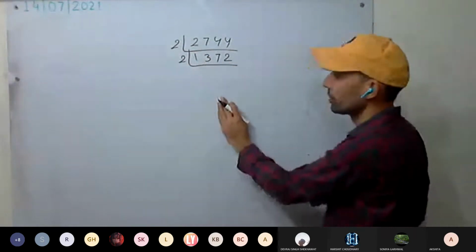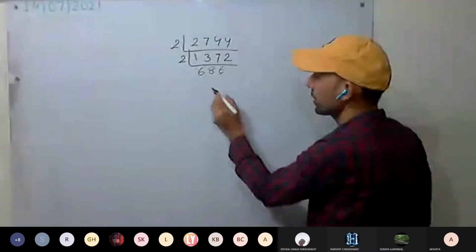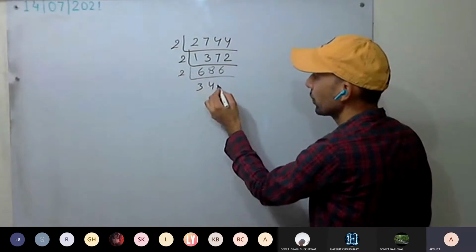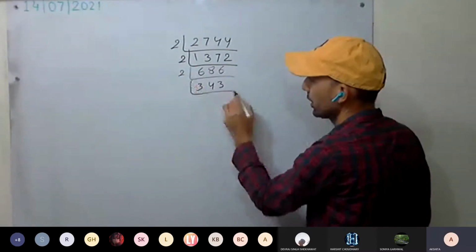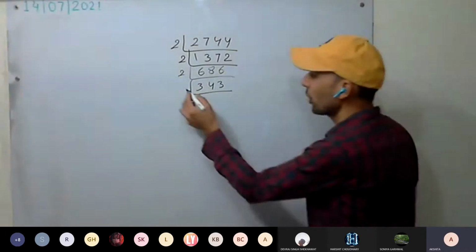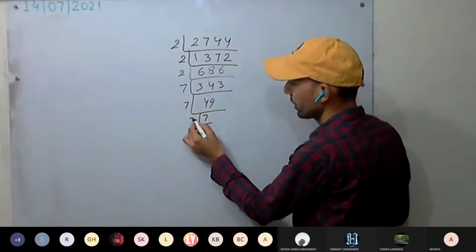Again 2: 2 6s are 12, 2 8s are 16, 6. Again 2, 343. Now, if you remember 343, it's a cube of 7. 7 7s are 49, 7.